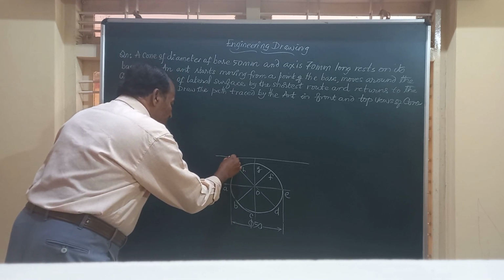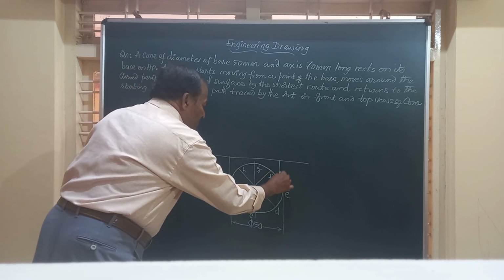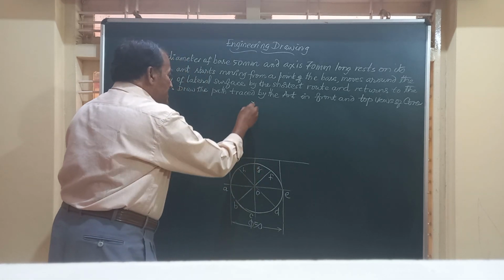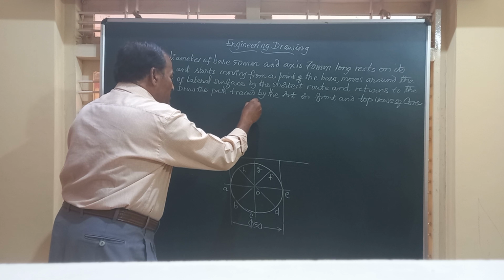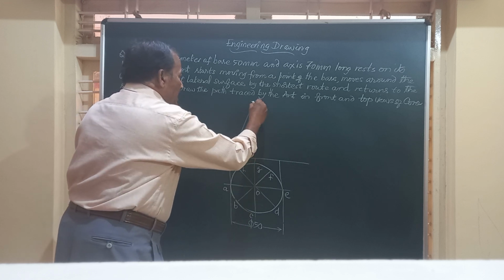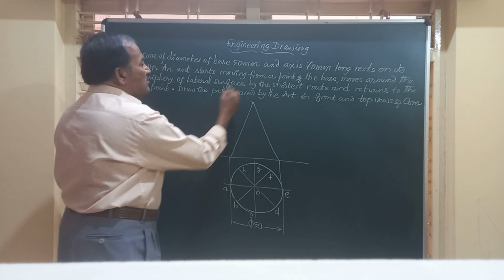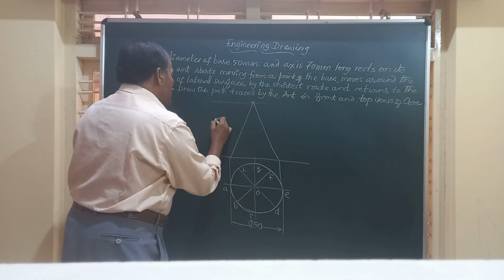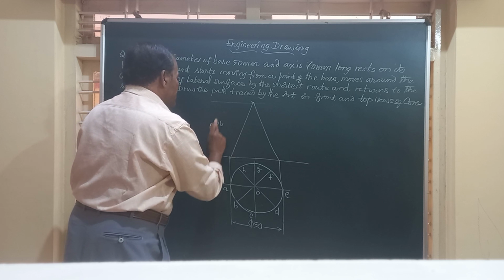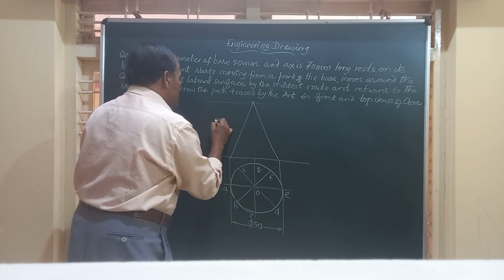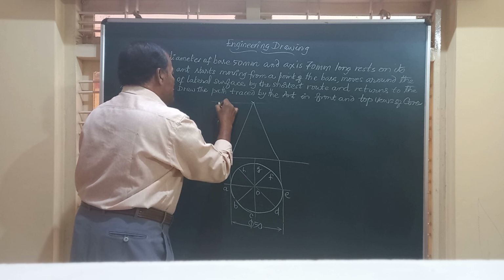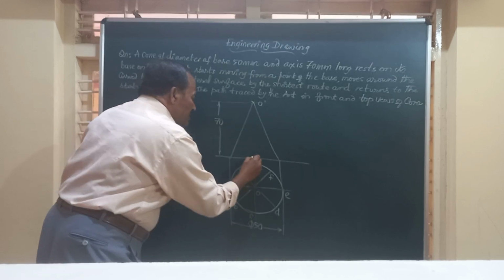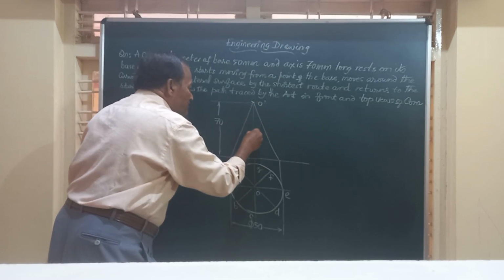We'll transfer all these points to the front view and obtain the front view of the solid, that is a right circular cone having height equal to 70 millimeter. So I'll mark this height as 70 mm. The apex of the solid is O dash. Transfer these points also.